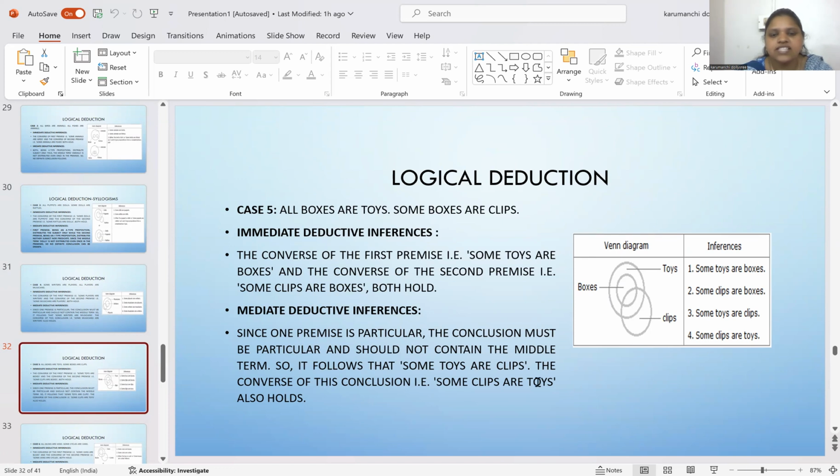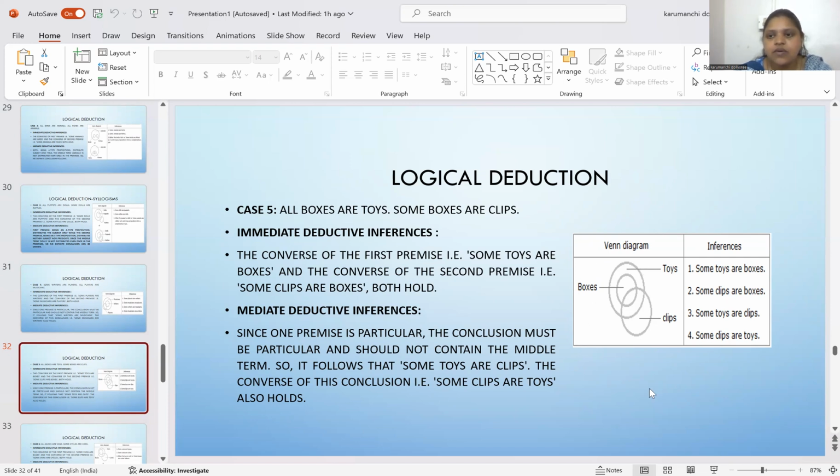So the next one is mediate deductive inference. In this, one premise is particular. So you can see some, right? That is particular. The conclusion must be particular and it should not contain the middle term, right? So here the middle term is boxes, right? So it should follow like some toys are clips. The converse of this conclusion is some clips are toys.